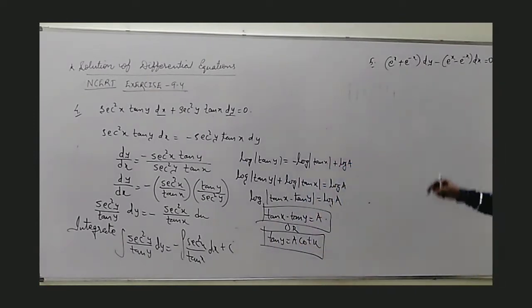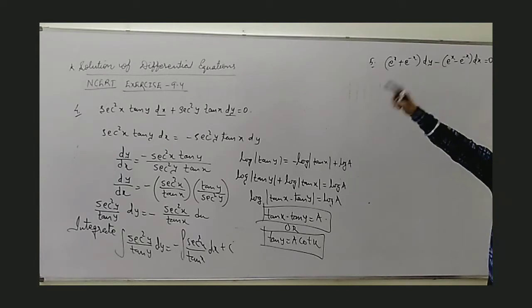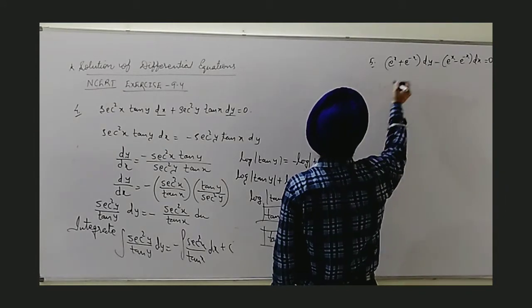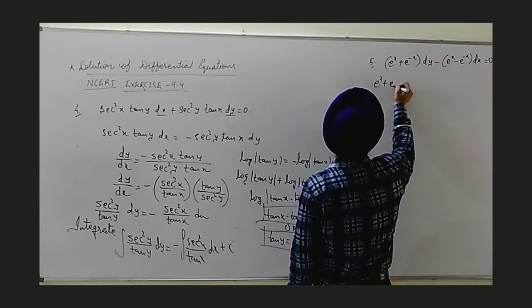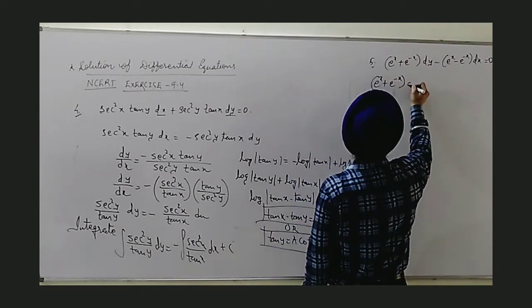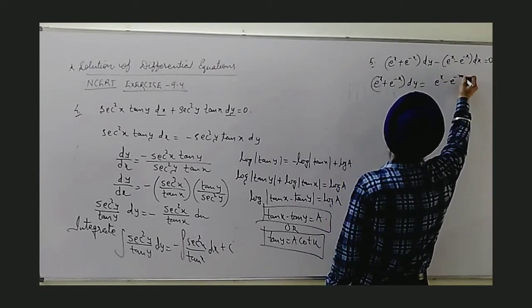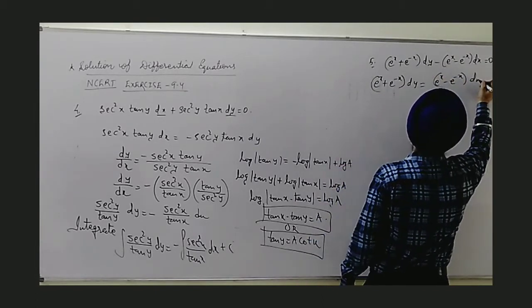Question number 5, we see in terms of exponential function. Once again, it's like the previous case we are given. So first of all, write dy by dx, its value. So we can say it is e raised to the power x, e raised to the power minus x in addition dy. Second term shifted, e raised to the power x minus e raised to the power minus x dx.